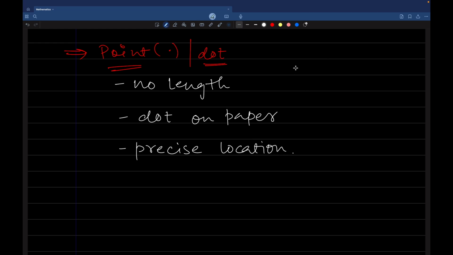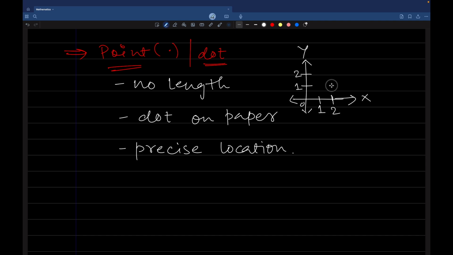What do you mean by precise location? If I draw an XY plane or a graph, this is x-axis, this is y-axis, these are some coordinates, 1, 2, this is 0, this is 1 and 2 in y direction.